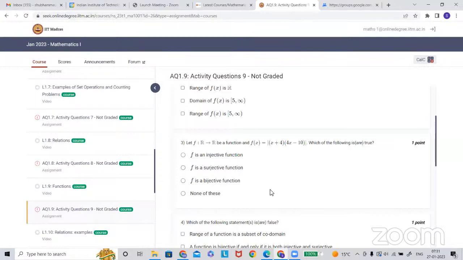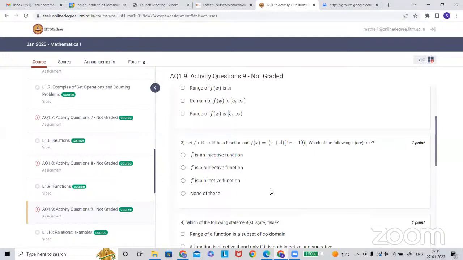Suppose we don't know the graph, then we will find the range. We know that the mod is always greater than or equal to 0. So we will find the range of the function with x plus 4 and 4x minus 10. If the range is equal to the codomain, then it is surjective, which means onto. If it's not, then it is not surjective.